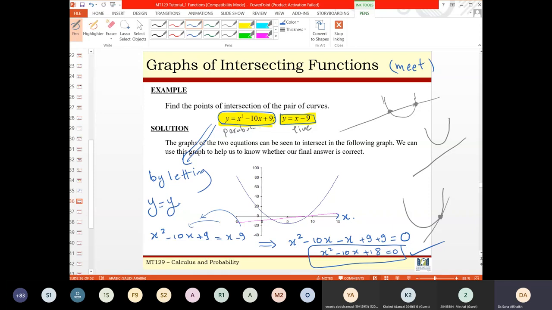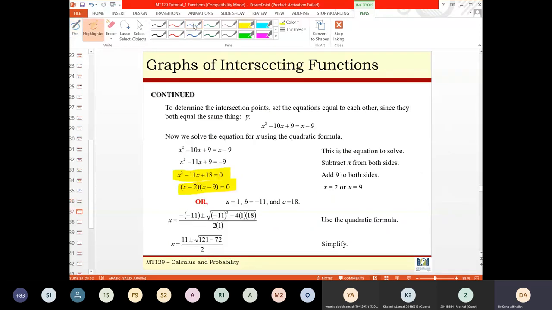We can factorize it actually. It can be factorized. 18 into minus 2 times minus 9. 2 numbers multiplied to give 18 and added to be minus 11. So we think about the minus 2 and the minus 9. Multiplication is 18, their addition is minus 11.